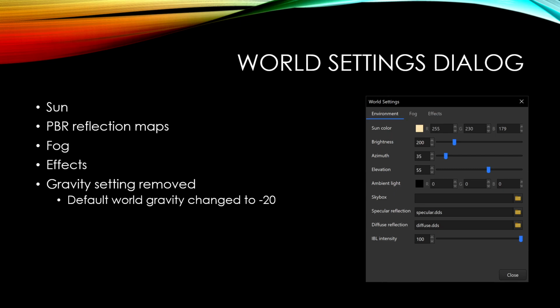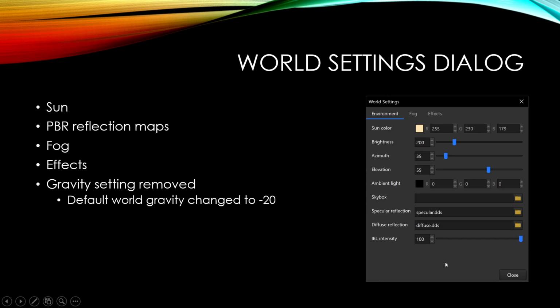If you don't want the sun, then you just turn the brightness or the color to black, and it'll disable it. You have the color, and then azimuth and elevation, which are just fancy ways of saying yaw and pitch. And then you have your PBR reflection maps down here.